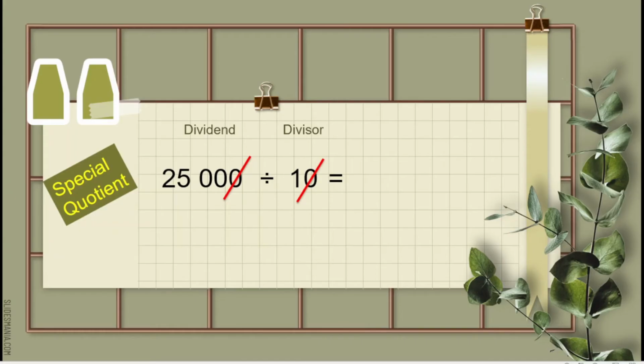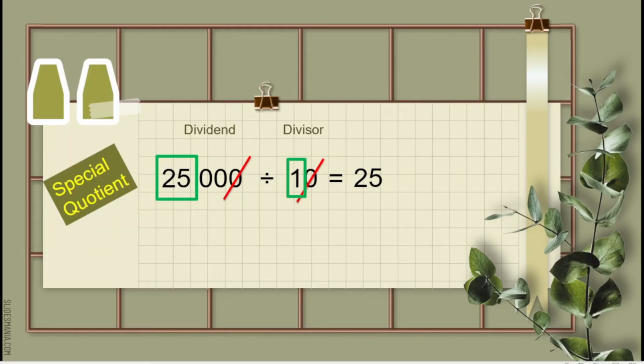After that, we will proceed with the division of the non-zero digits, which are the numbers 25 and 1. So let's divide. 25 divided by 1 is equal to 25.